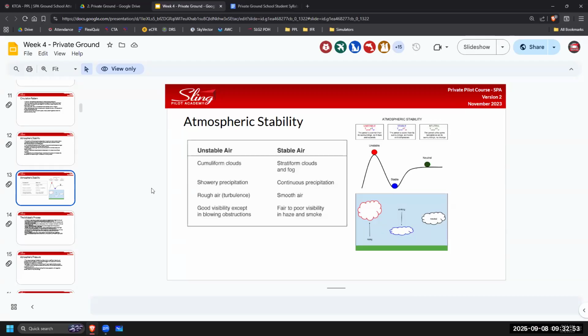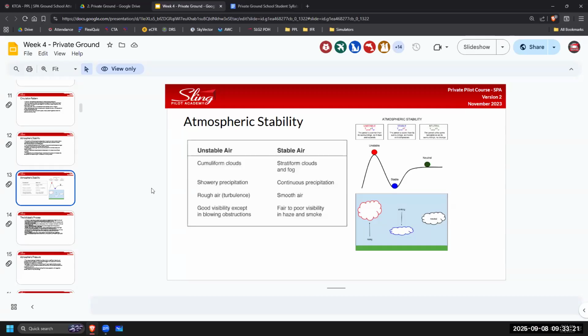Unstable air can have good visibility because that vertical motion is moving things out of the way, as opposed to stable air, which keeps clouds and fog in place, which creates poor visibility. Does that make sense? If you have a lot of vertical motion and rising air, you're able to move clouds and fog out of the way for good visibility.